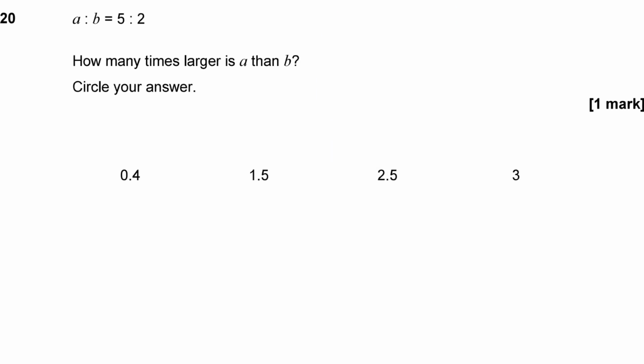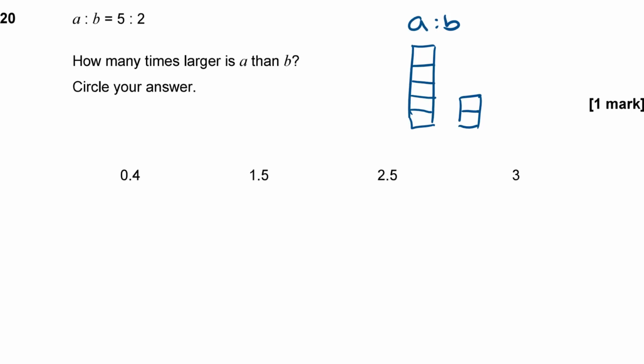Okay, question 20. The ratio of A to B is equal to 5 to 2. How many times larger is A than B? So the ratio of A to B is 5 to 2. Can you imagine 5 blocks put on top of each other? So 5 blocks to 2 blocks then.